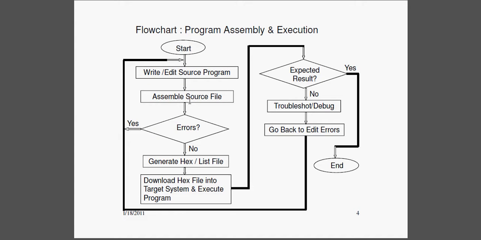An example of an error might be that you spell the opcode wrongly, or forget to put a colon or semicolon, or forgot to put a space between the opcode and the operand.